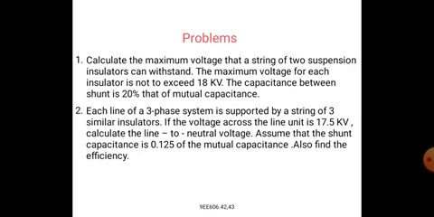So here, not to exceed 18 kV is nothing but the phase voltage of 18 kV. Right.